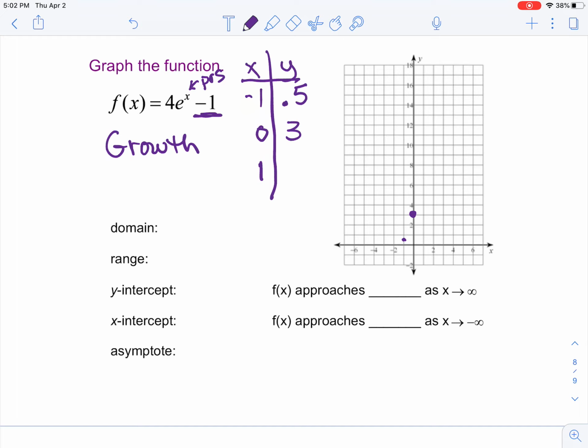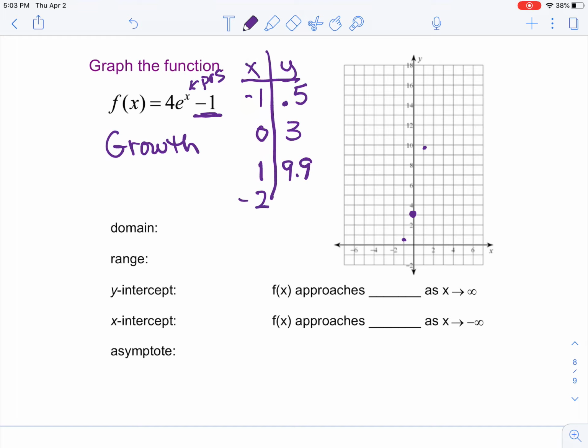And then if I put in a 1, 4 times e to the first minus 1, and don't forget, you do have to put in that first, and you get 9.9. Okay, I still can't see everything I need for this graph. So I'm going to put in a -2.